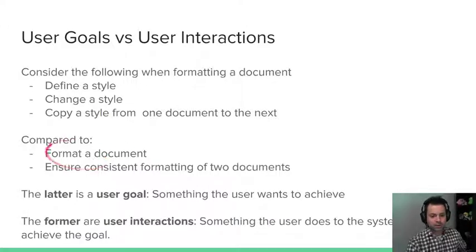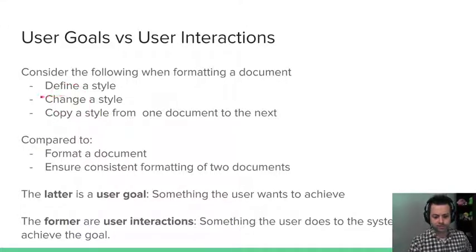So the latter, this one here, these are user goals. This is what the user desires, or your stakeholders desire, right? This is your concept that has to be fulfilled. It's encapsulated, it's very well encapsulated. We don't care what the implementation is, that's down the line.